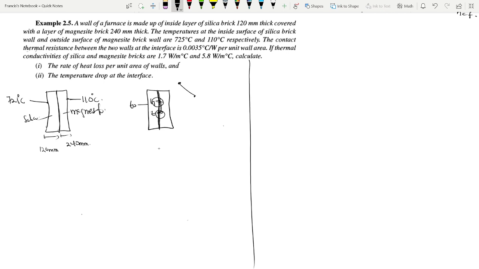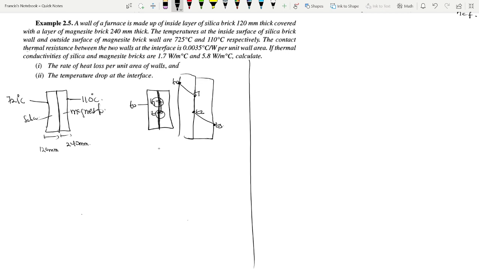Then from T1 to T2 at that same interface, there will be another temperature drop, before a further drop to T3. And now this becomes our composite wall.